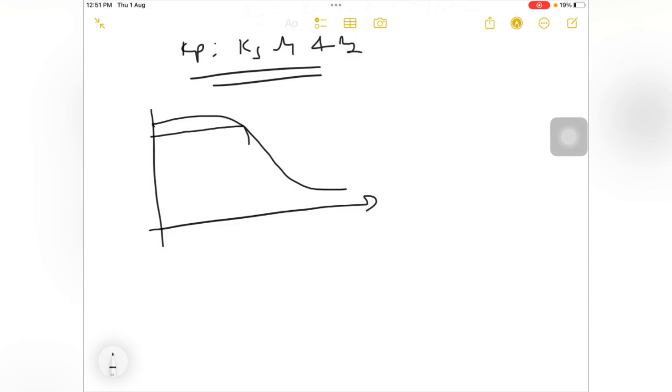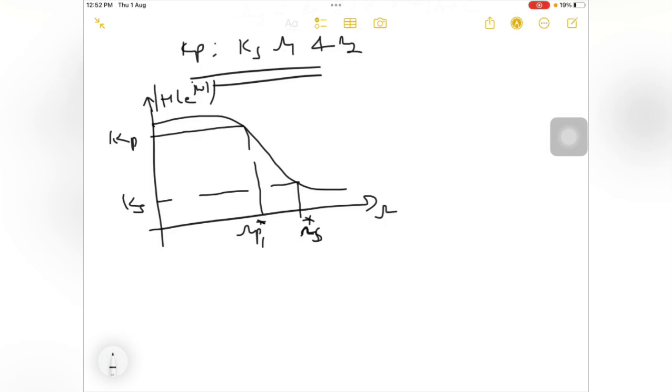We will have Kp, Ks, omega p star, omega s star. Kp, Ks remain the same. This is H of e power j omega, gain versus frequency. You mark all the specifications, you will get 1 mark in the exam.